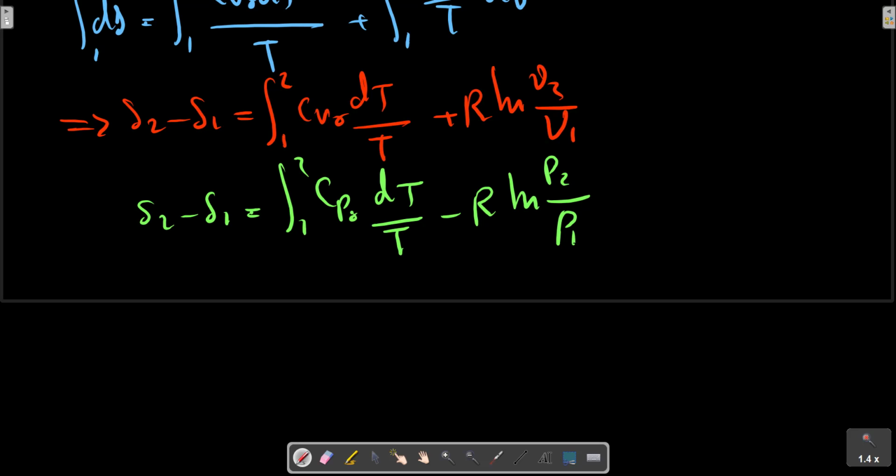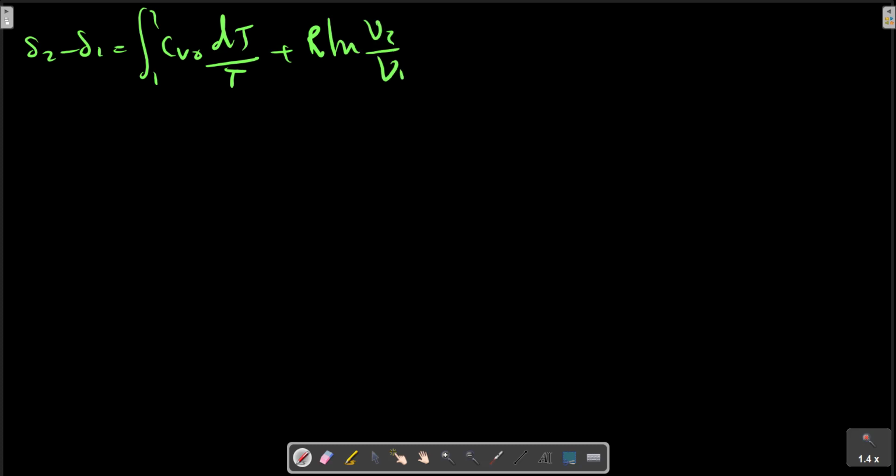So now we have two relations for entropy change. The first is R ln V2 over V1, for a constant pressure process.